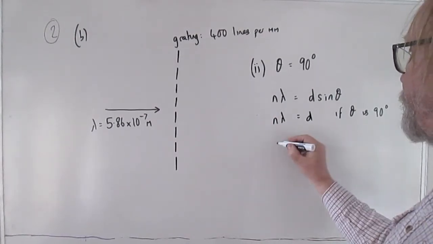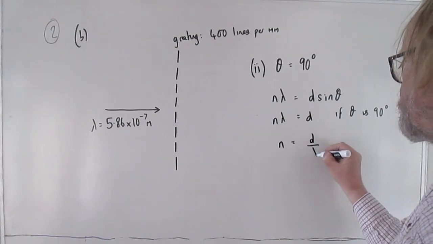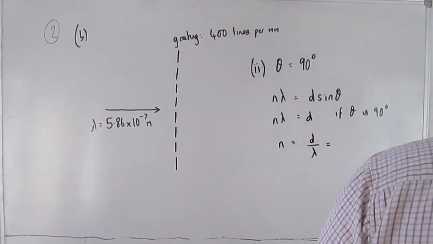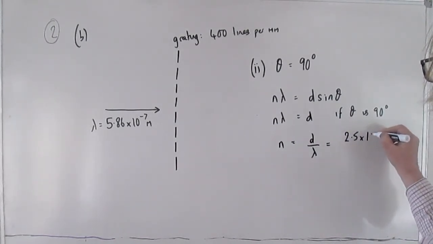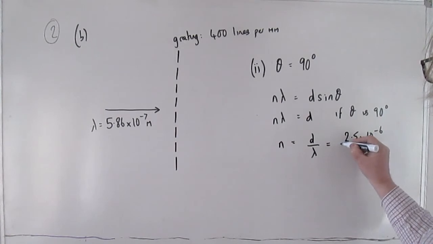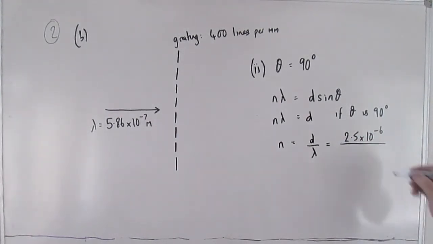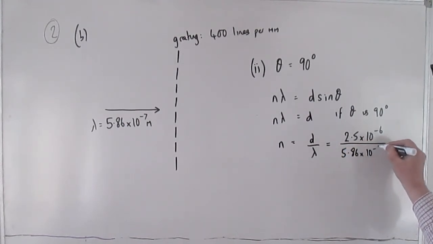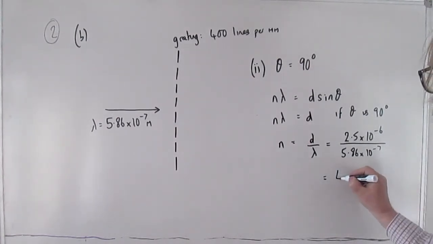And therefore n is equal to d over lambda, which is equal to 2.5 times 10 to the minus 6. We worked that out in the previous part. That's the spacing of the individual grooves in the diffraction grating, divided by 5.86 times 10 to the minus 7, which comes out as 4.27.